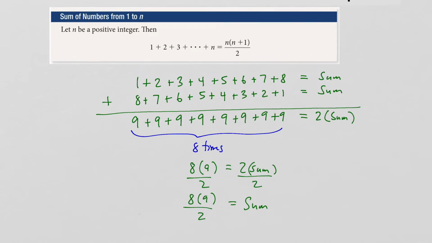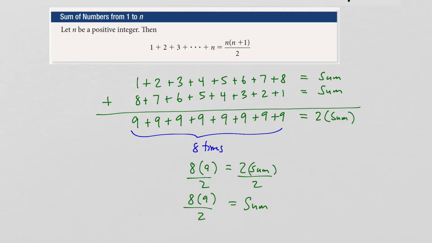So when you add up the first 8 numbers, you simply take the number 8, you multiply it by 1 more than 8, and you divide it by 2. And you can apply this pretty much to any number, right? So if I was adding from 1 all the way up to 80, then we would have 80 times 81 divided by 2. Okay, and it works for any number n.